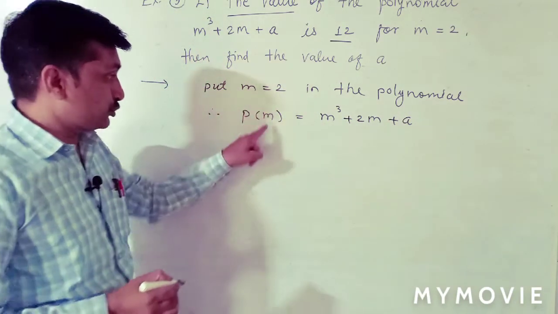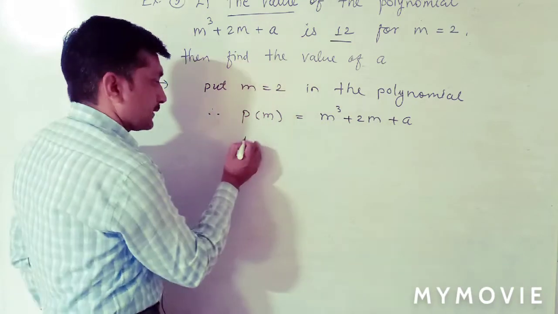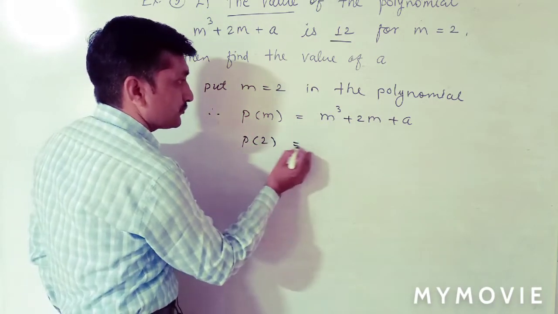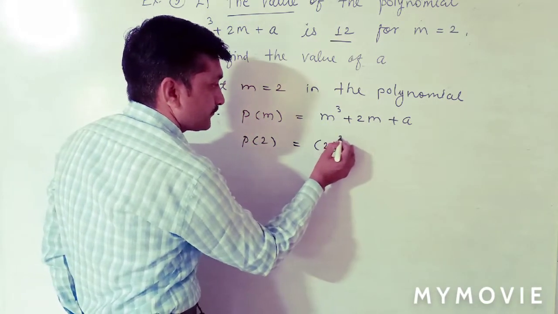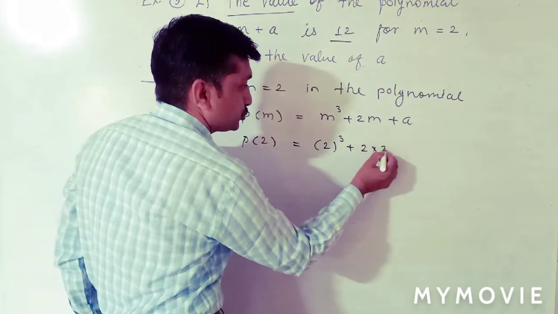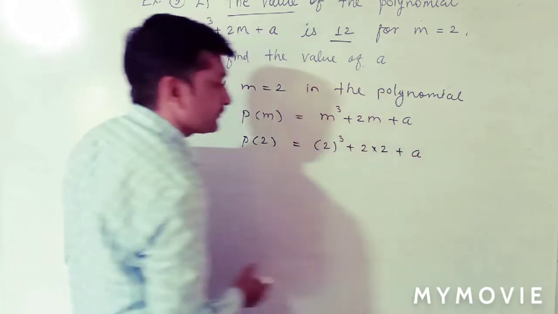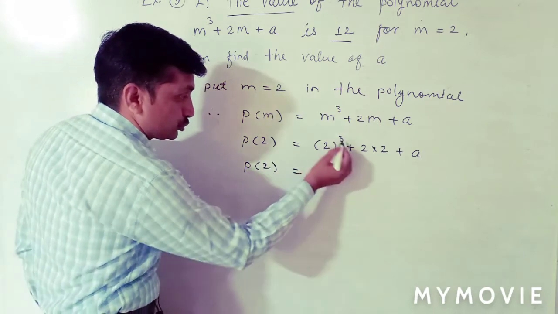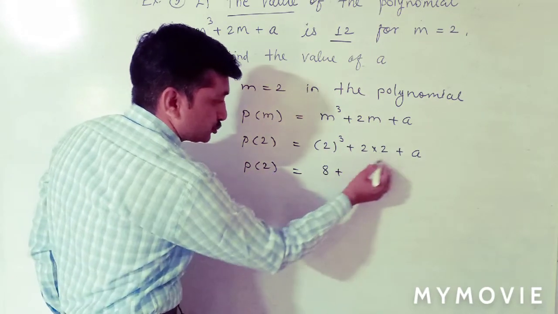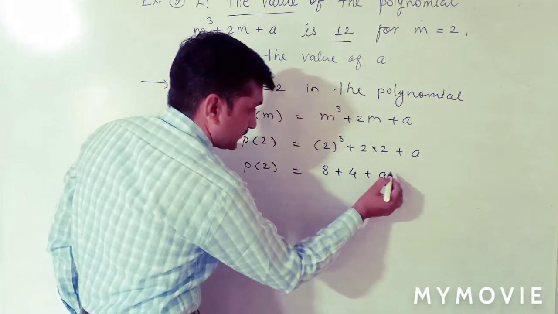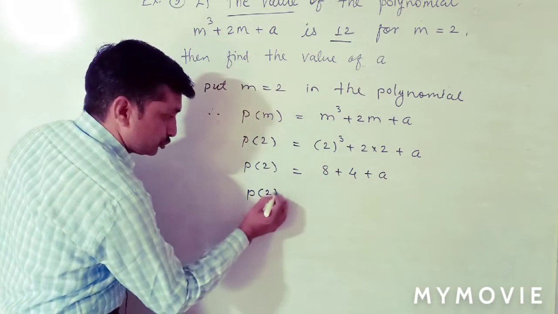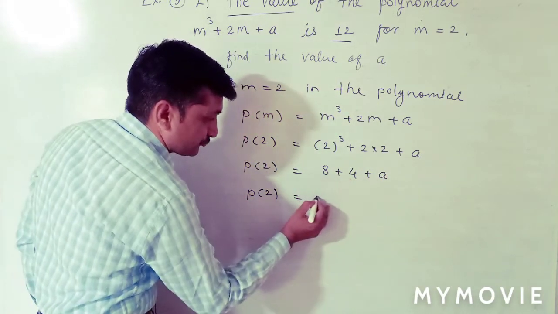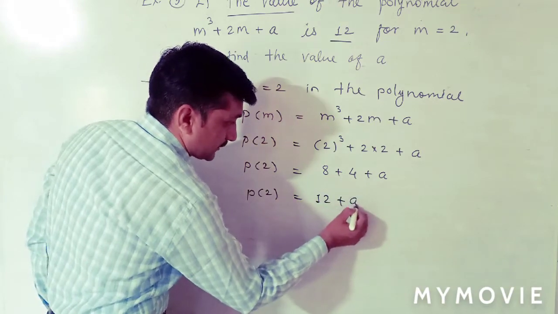Put m is equal to 2 everywhere. P of 2 is equal to 2 cube plus 2 into 2 plus a. P of 2 is equal to 2 cube is 8, plus 2 2s are 4, plus a. P of 2 is equal to 8 plus 4, 12, plus a.